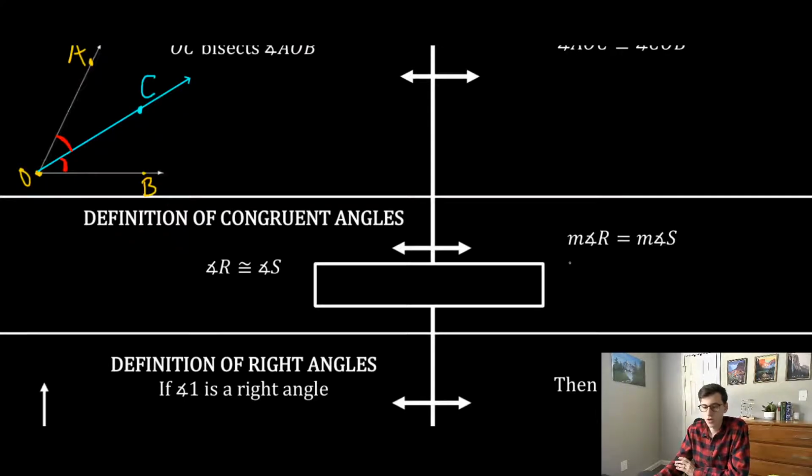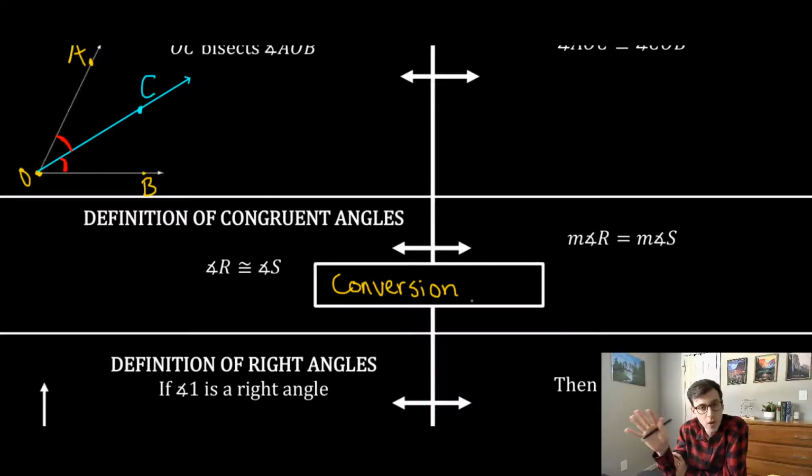Okay, congruent angles. This is another conversion, moving from, oh my gosh, conversion. My head is not in the game right now. Conversion, so we're going from the size and shape of an angle to the measurement of an angle.